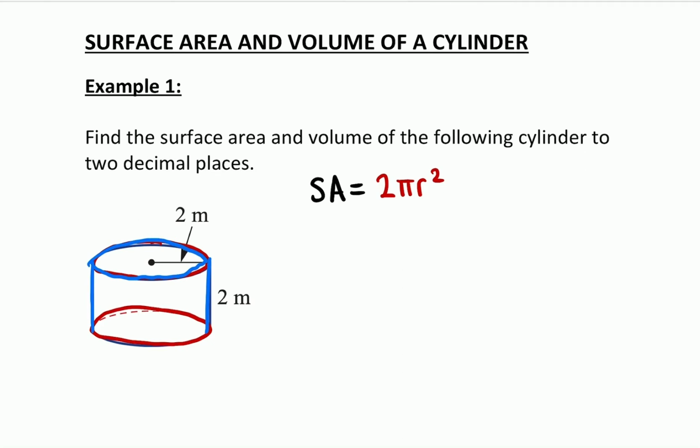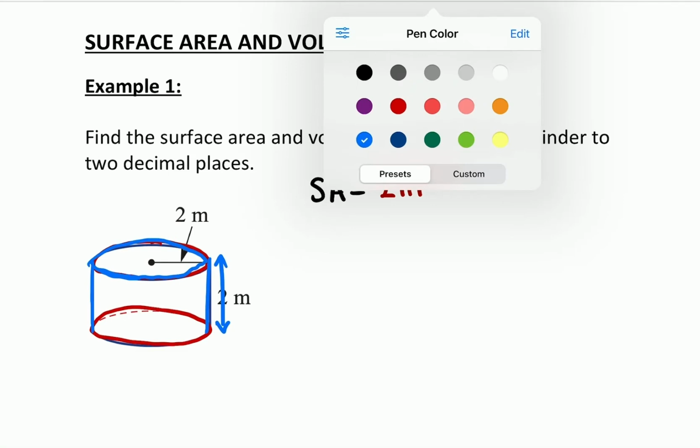So a rectangle's area is given by length times breadth, and for this rectangle, the 2 dimensions are going to be this height here, which is the height of the cylinder, and the other dimension, if we were to unwrap this, it's actually just going to be the circumference of the circle here.